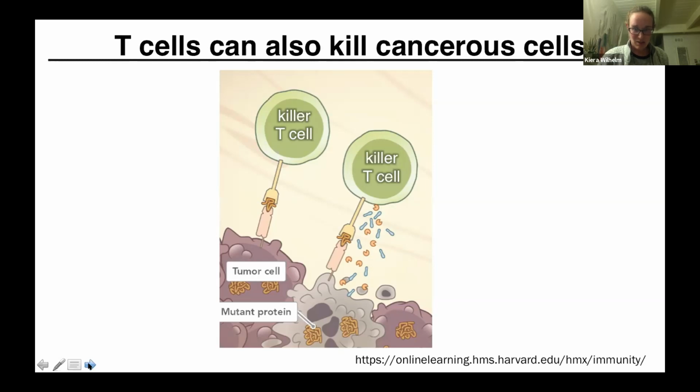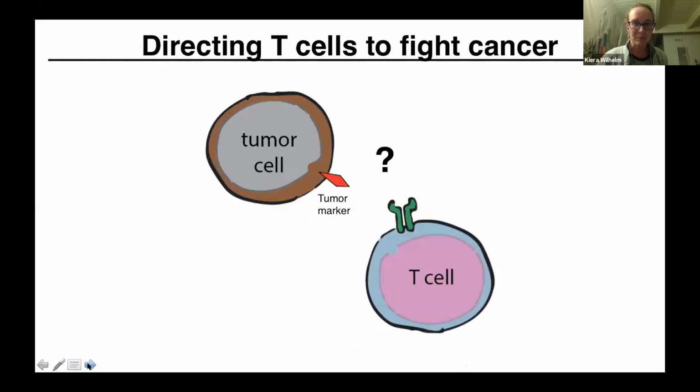But then we can still use these T cell tools to deal with more persistent tumors or cancers that are resistant to, say, radiation, chemotherapy, or other therapies. A lot of recent efforts have gone toward directing T cells to fight cancer.